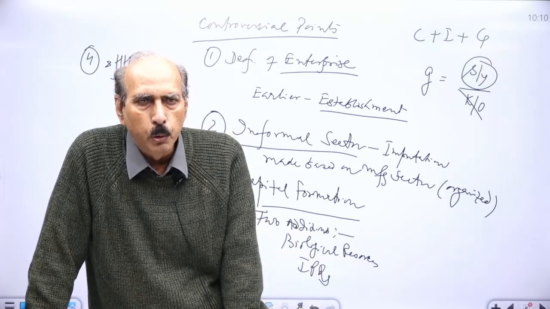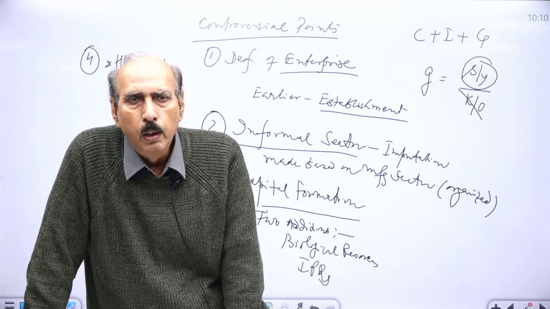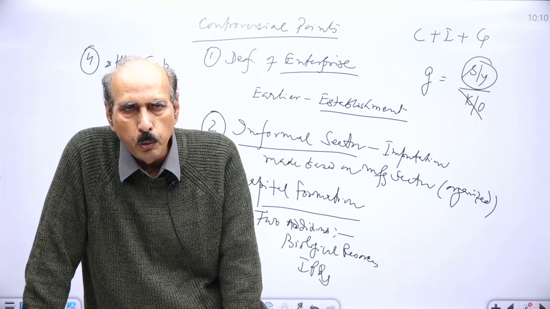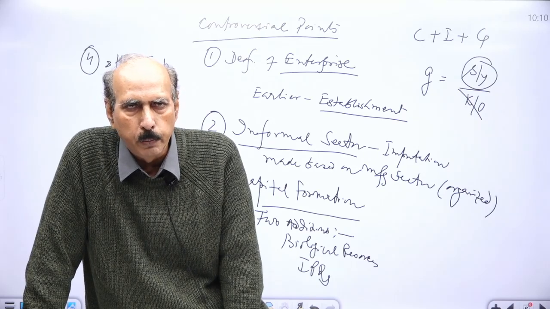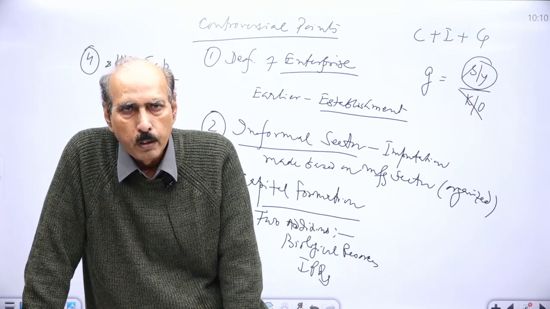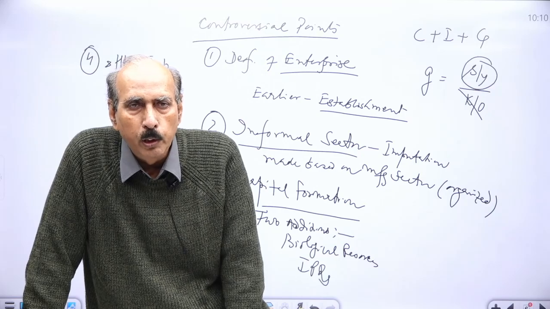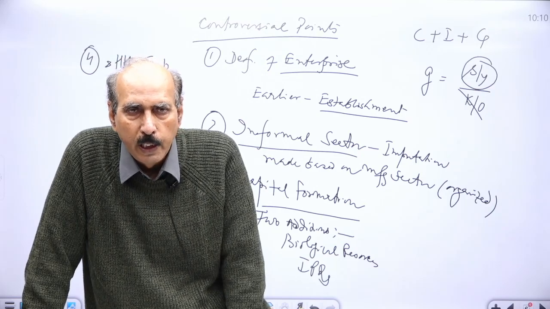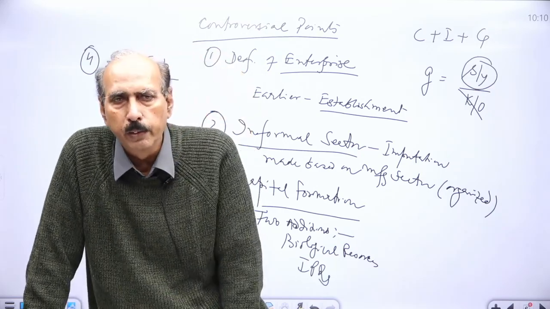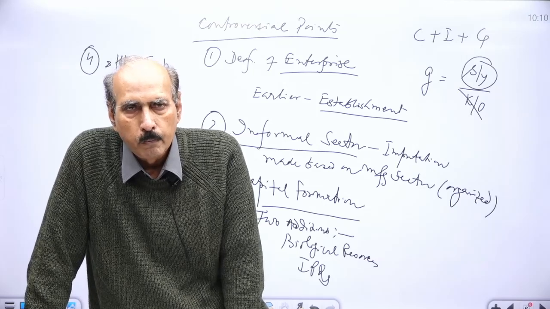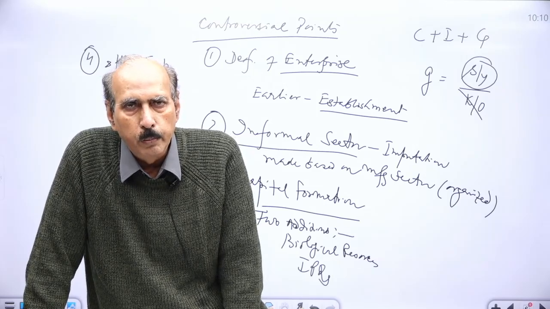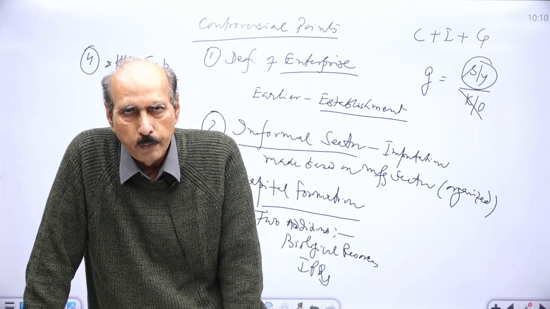But to reach the fifth largest economy, your saving income ratio should be around 37 to 40%. But we have reached only 29-30% so far, even after making revisions in the definitions.